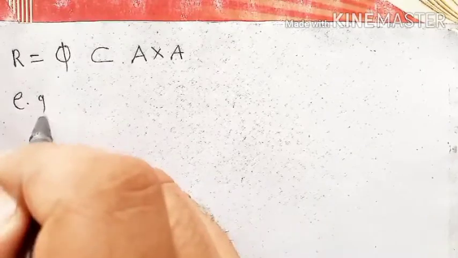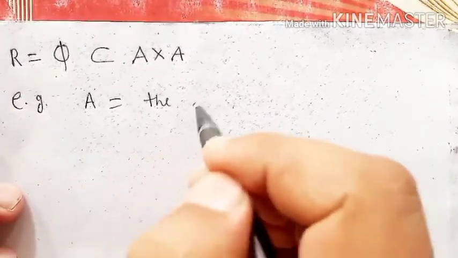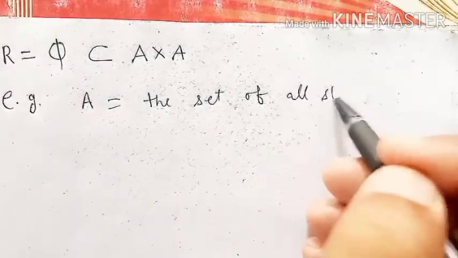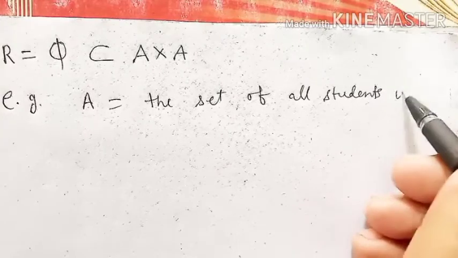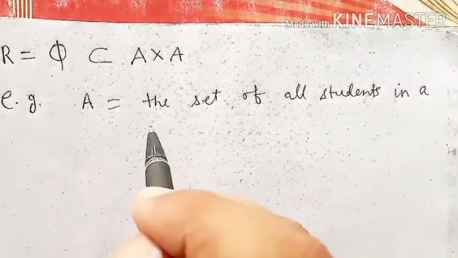For example, A is equal to the set of all students in a boys school.